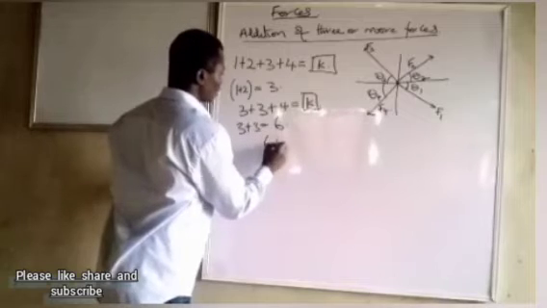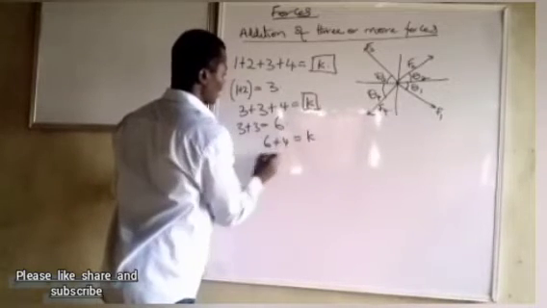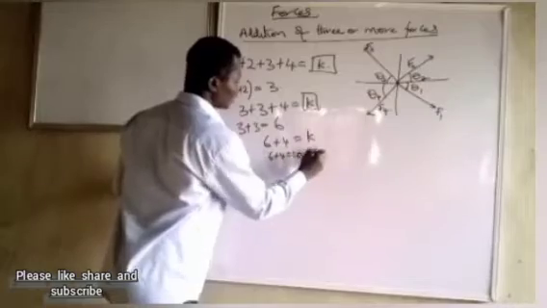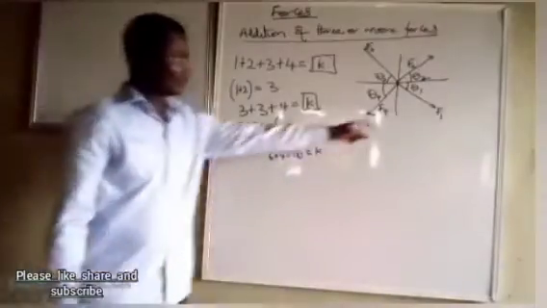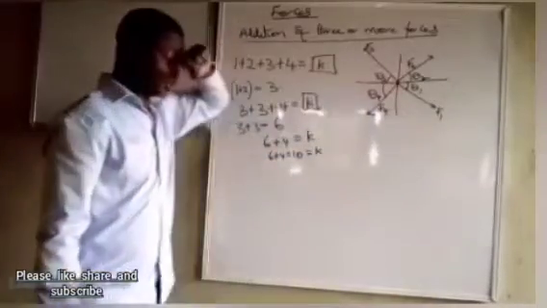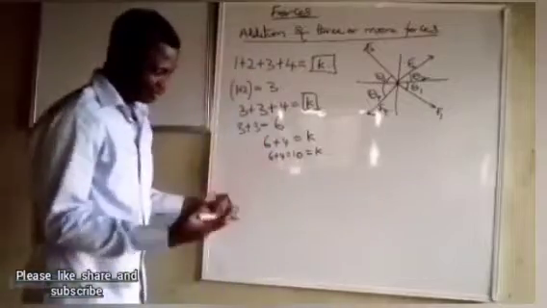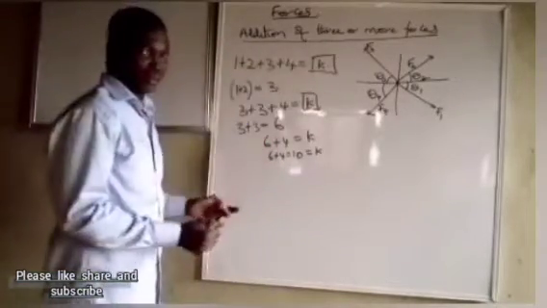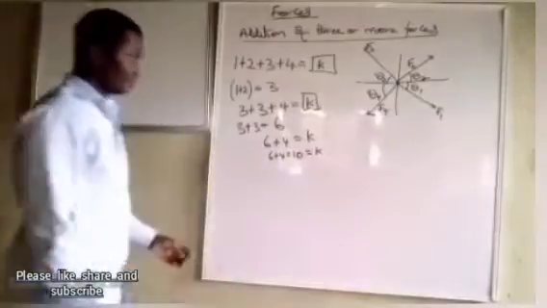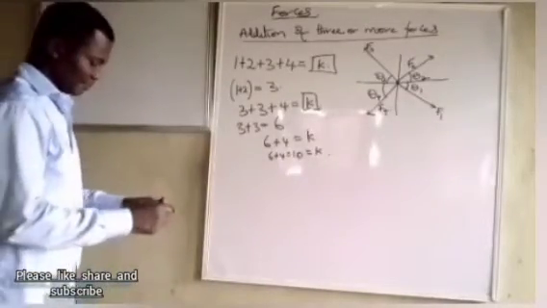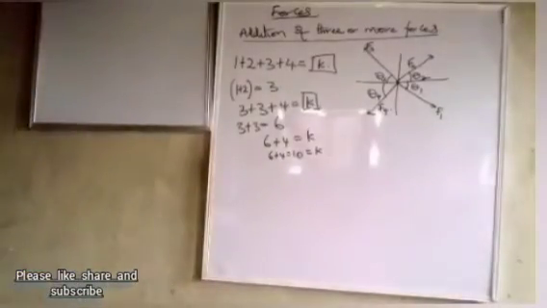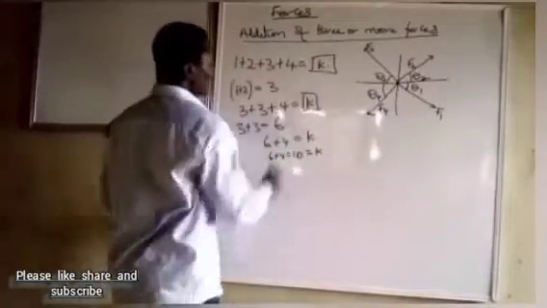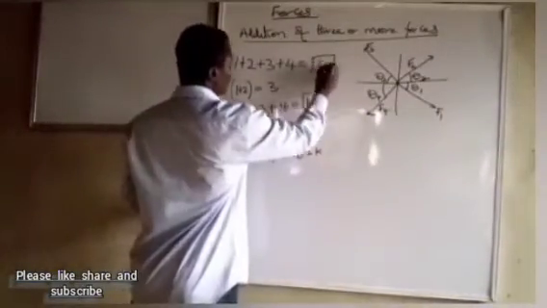So 6 plus 4 is equal to 10, which is k. That is one way to consider it, but you know we are STEM. We cannot be doing things like this. We do it straight, professionally, with ingenuity. We just work it straight, and then we get our answer as 10.